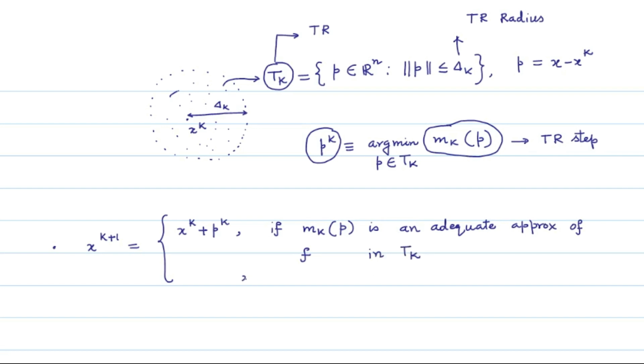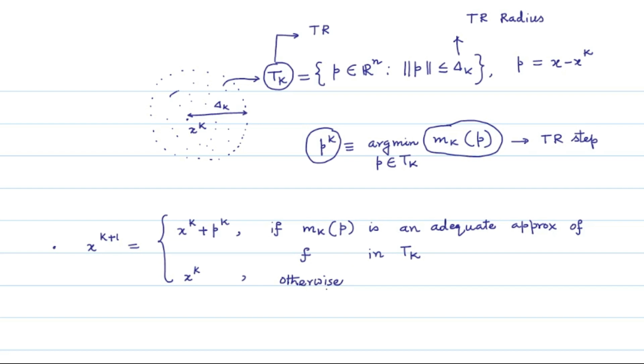If however mk is not a good model function, then in that case we keep the current iterate and the next iterative point is the same as the earlier iterate. So if mk is not a good approximation, then we consider xk plus 1 to be xk.